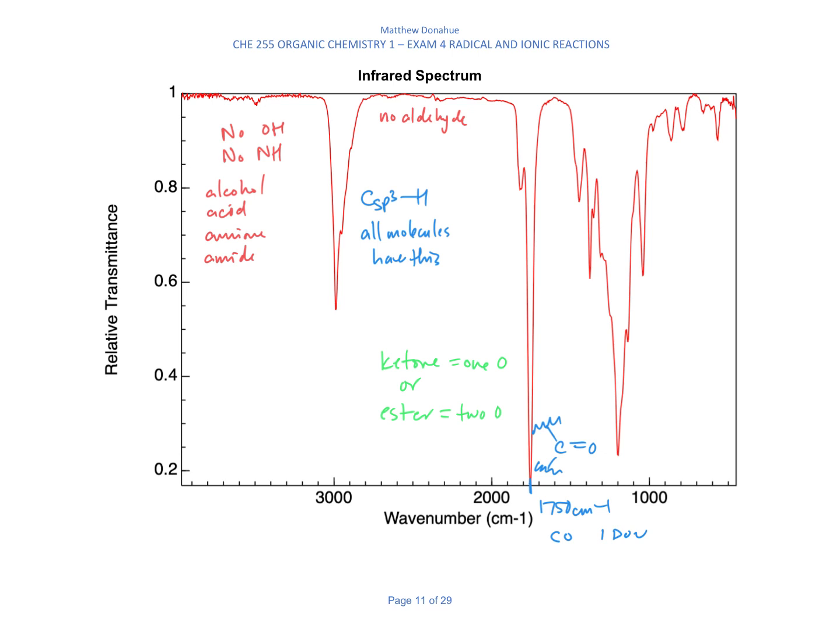And so if we ignore stuff below the fingerprint region, this may or may not be a C sigma bond O found in the ester. So we don't really know that for certain.